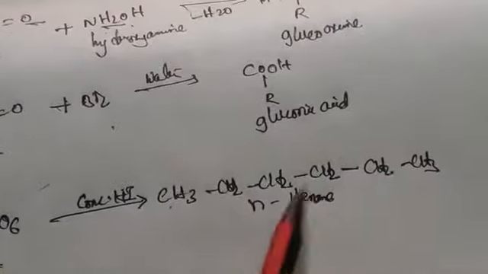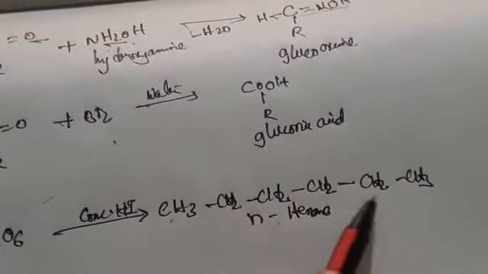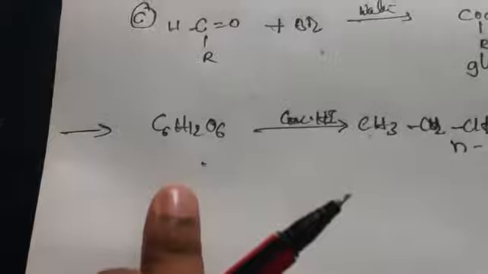Total 6 carbons are present. So this hexane indicates that all carbons are in a straight chain structure.